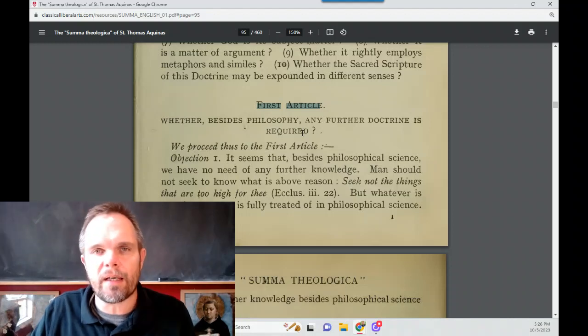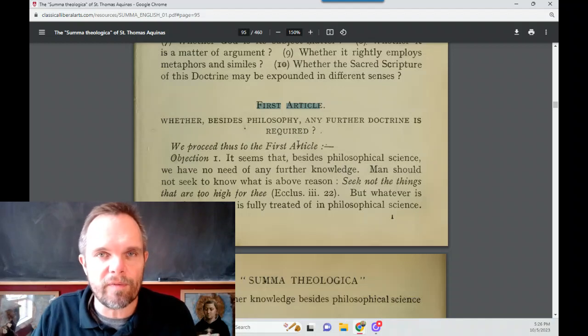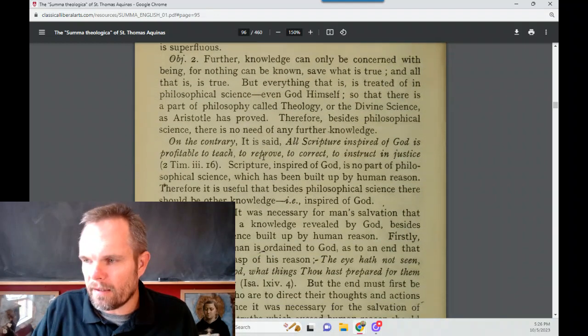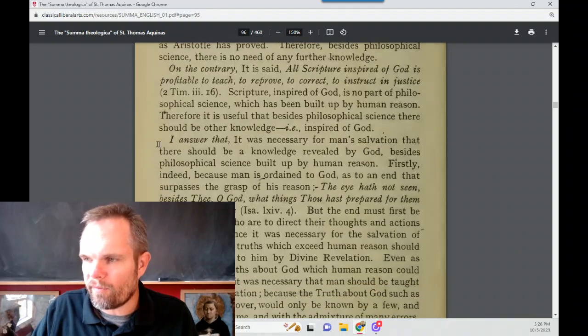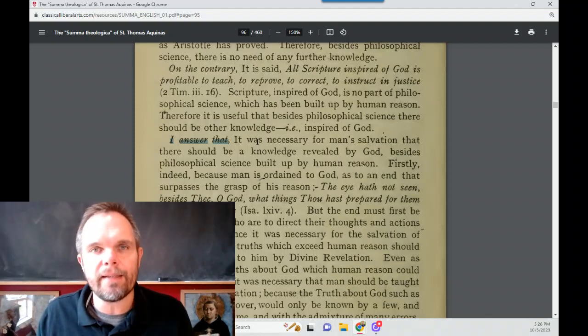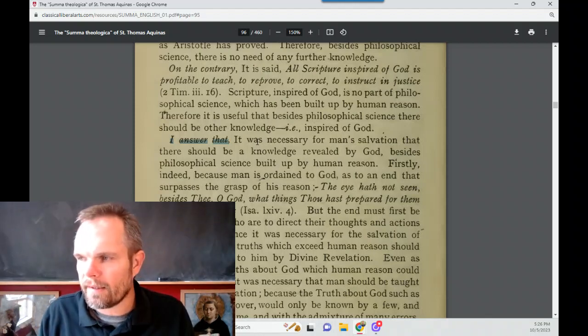Is anything beyond philosophy necessary to know God or to be able to fulfill our end as human beings? And we go down a bit, and most students have no problem with this, but we find St. Thomas's answer follows this phrase in italics, I answer that, and then we have St.